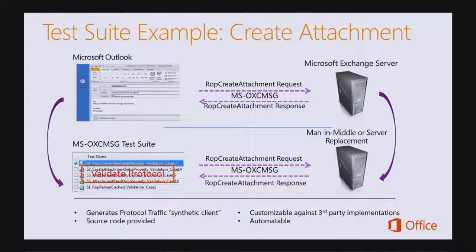It doesn't really mimic what Outlook is doing. It might exercise the same operation, but in a different order or using different parameters, because it tests whatever the statements in the open specification describe. Outlook has its own implementation. It might do things a different way, but the test suite does similar things, not exactly the same. So there's a big distinction between them.